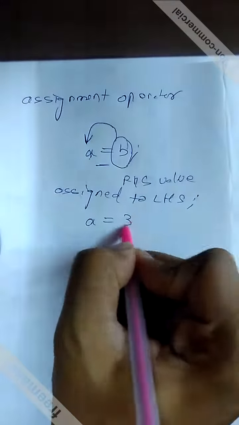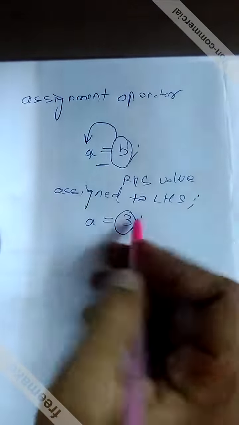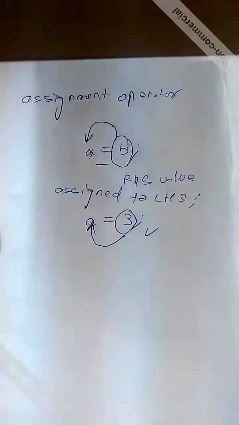If we say A is 3, then the value 3, the integer 3, is assigned to A. This is how the assignment operator works. I will tell how it is implemented in programming in the flow of control topic, later on.